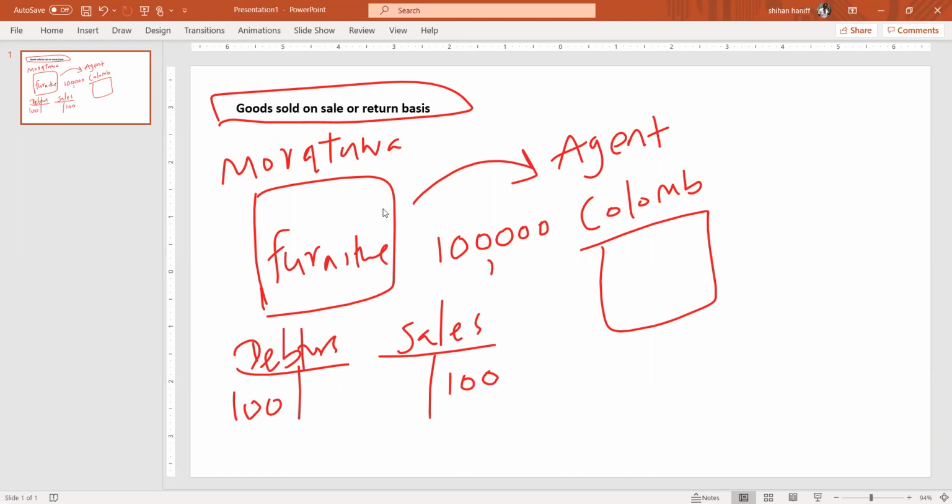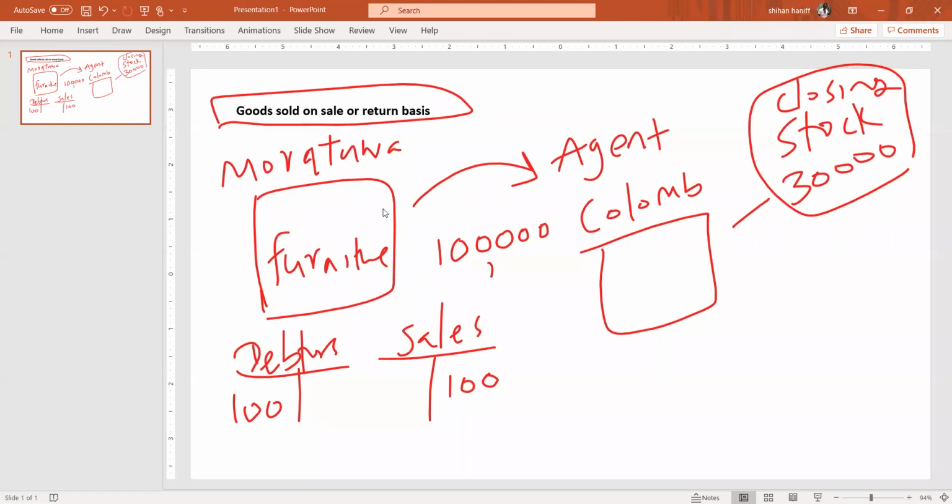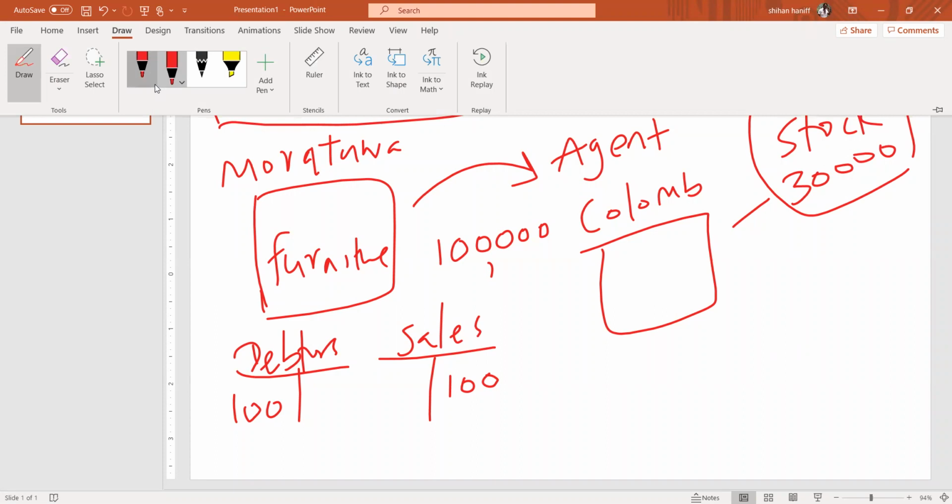Right? Now let's say out of this there is a closing stock of 30,000 remaining. If there is a closing stock of 30,000, then the sales is not 100,000 because there is remaining stock.